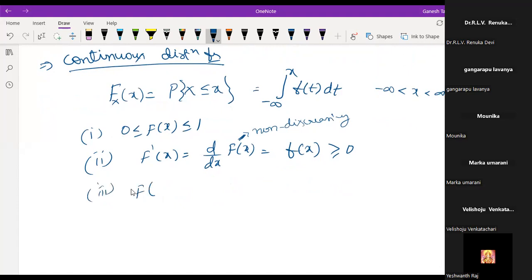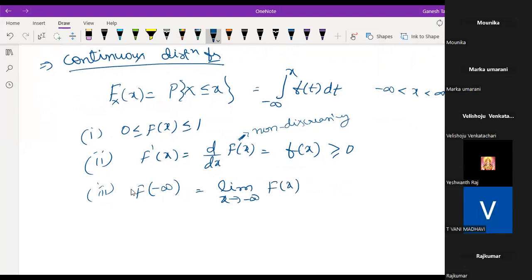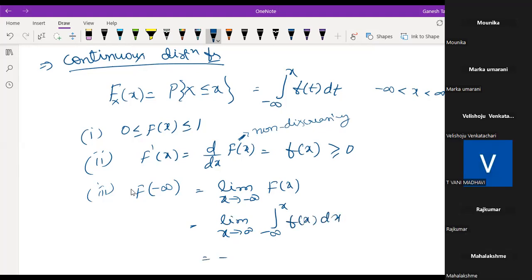F of minus infinity. How can we write F of minus infinity? Limit x tends to minus infinity of capital F of x. What does capital F of x mean? It is limit x tends to minus infinity, integral minus infinity to x, f of x dx. That is integral minus infinity to minus infinity, f of x dx, which is 0.